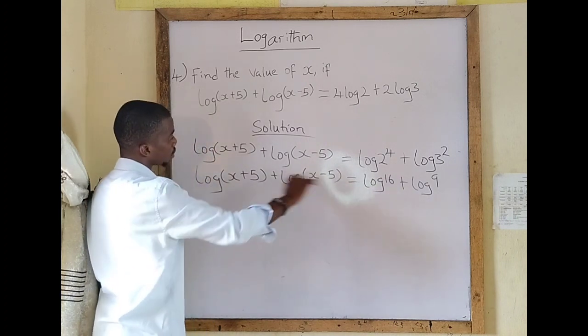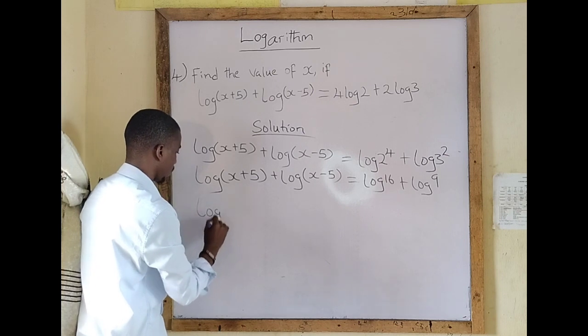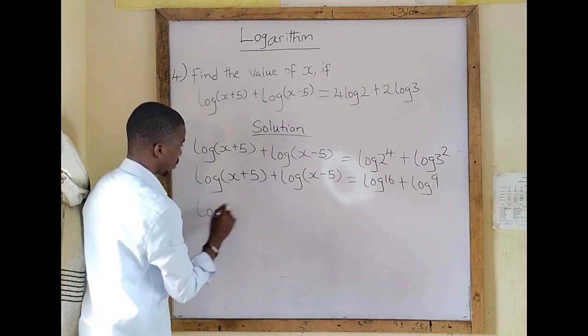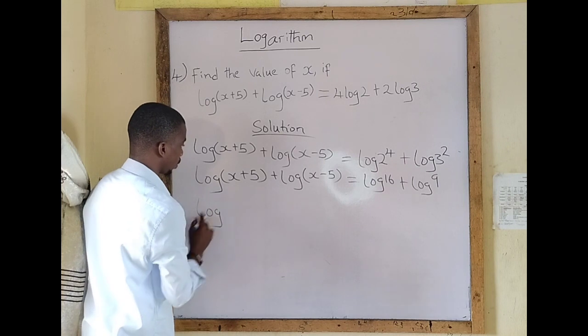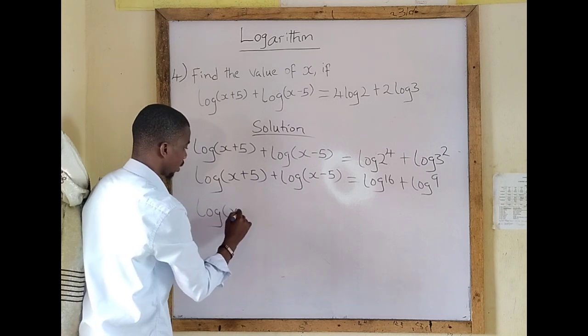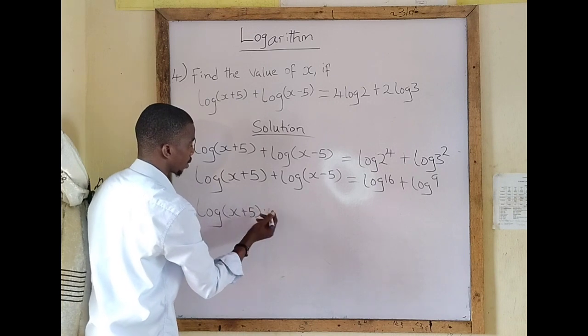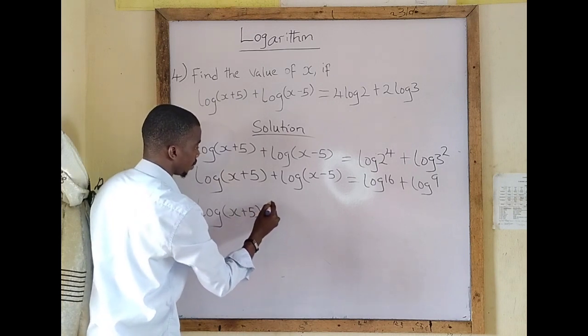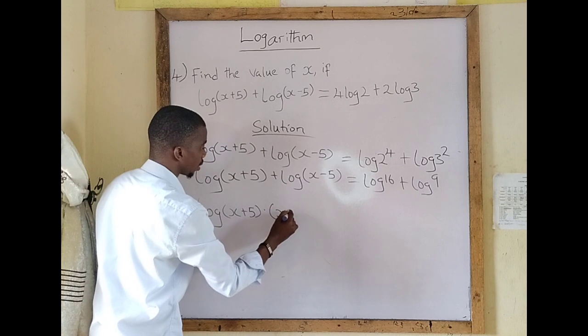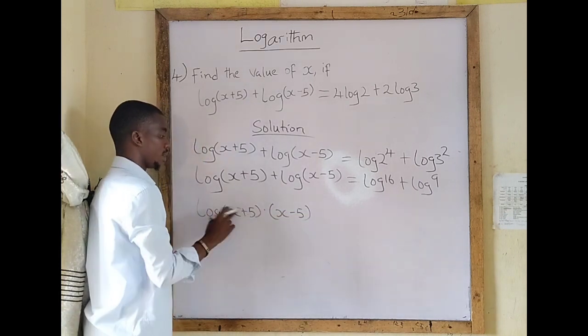We apply the multiplication rule here, and we'll have log of (x + 5) times (x - 5).